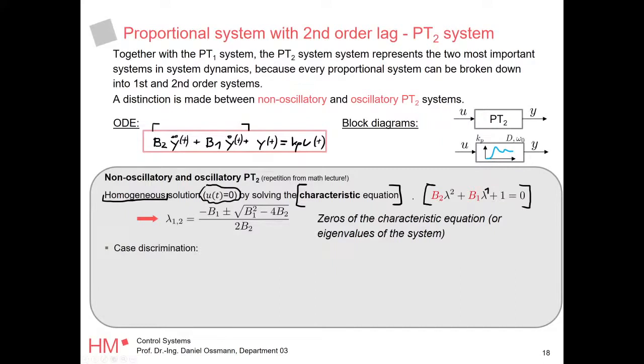And then an approach to solve this ODE is simply by solving this equation. Why the heck is this changed to a quadratic function? Well, we will see immediately, and it actually has a nice relation also to the first order system, to a PT1. I hope you all know now how to solve this simply by the midnight formula, right?